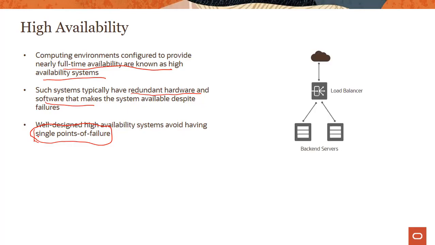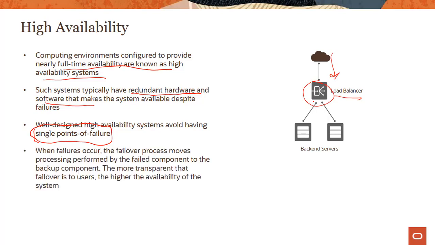A classic example is using a load balancer. Let's say you have two web servers here and you put a load balancer in front of them. If the web traffic is coming here, let's say you are running some kind of website here, the fact that you have a load balancer right in front of the web servers gives you some kind of redundancy. Now, when a failure occurs in these high availability systems, the failover process moves processing performed by the failed component to the backup component.